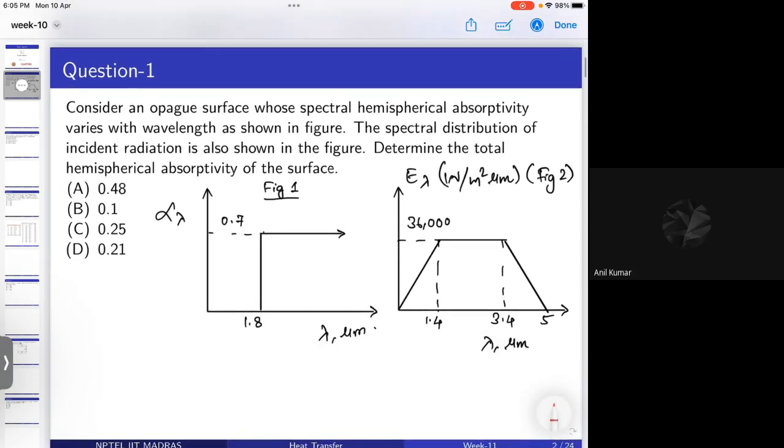Excuse me, sir. In the second figure, E lambda should be G lambda because it is the incident radiation.